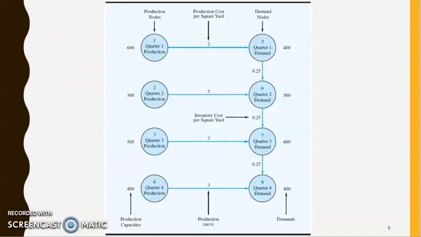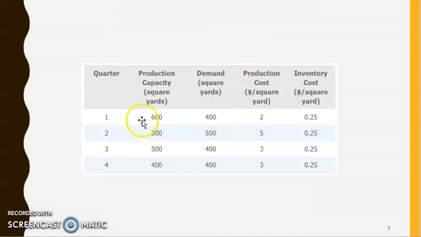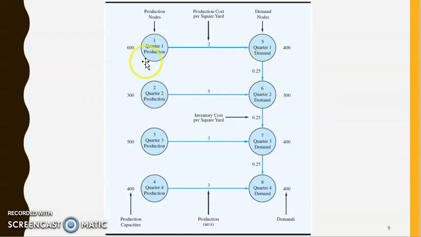If we check this graph, you can find it on this part of the graph, and the 2 here is also a good guide, because it says production cost per square yard is 2, and when we check that table, you see it is only for quarter 1. So X15 is the amount of carpet produced in quarter 1.